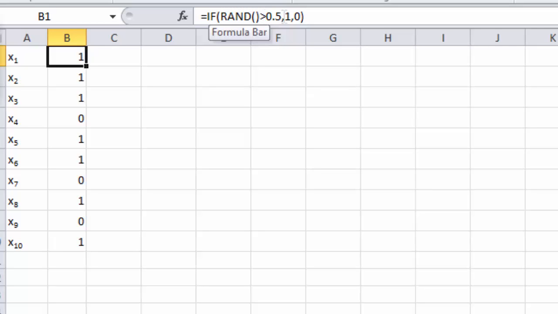The reason for that is this rand will give me a random number between 0 and 1, equally likely. So there's exactly a 50% chance that this random number is greater than 0.5. If that happens, print a 1, otherwise print a 0. So there's exactly a 50% probability of a 1, 50% probability of a 0.